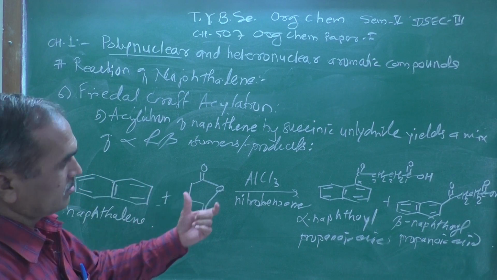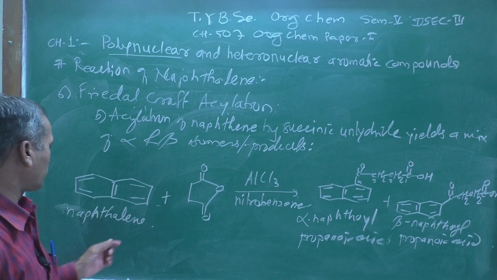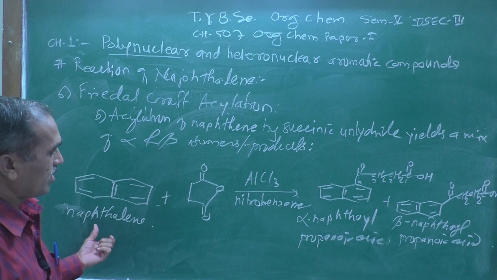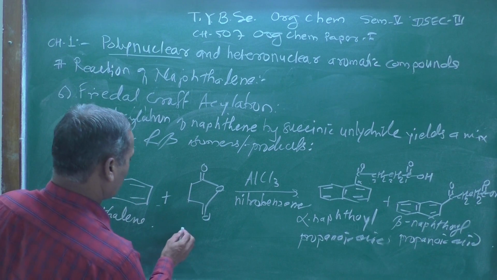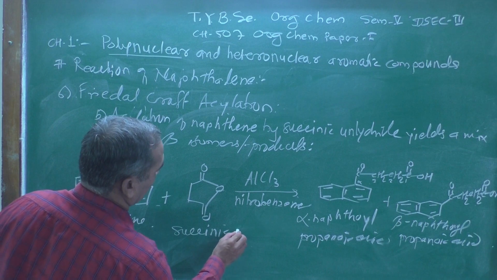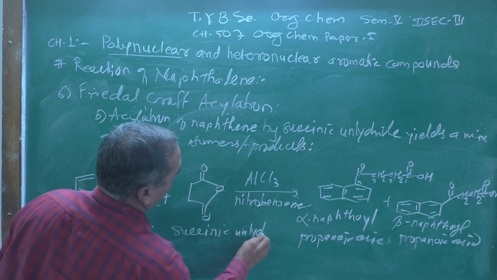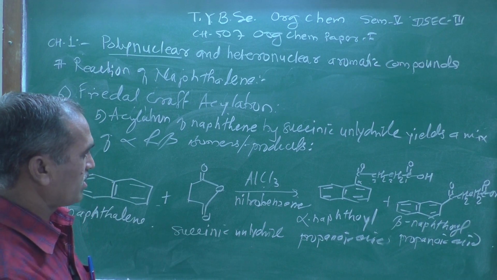Look at the slide where I have represented the reaction. The starting material is naphthalene, and the reagent we have added is succinic anhydride in the presence of the AlCl3 Lewis acid.